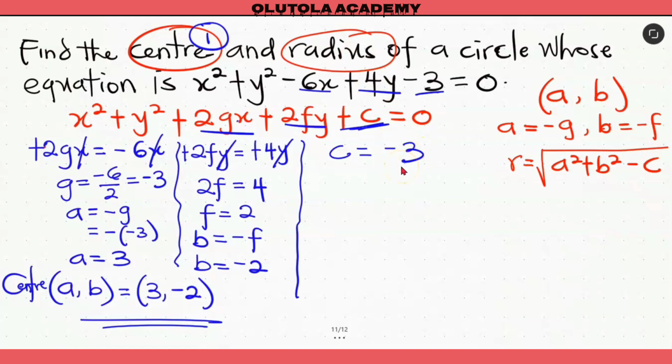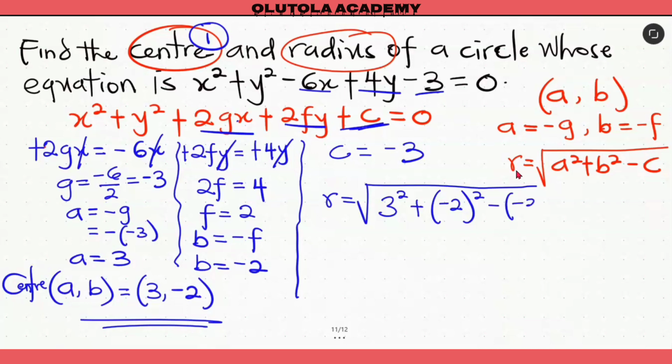So I'll have r equals the square root of 3² plus (−2)², minus negative 3. That's c, which I got to be negative 3.